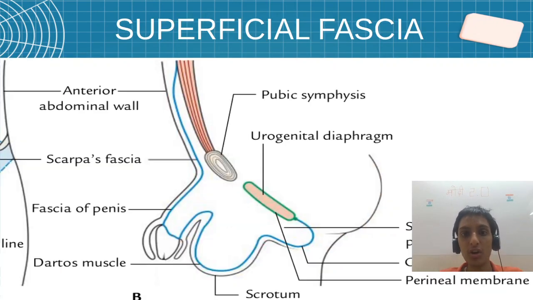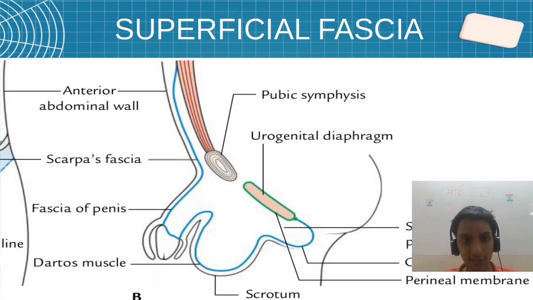And one more I forgot to mention, the relations of the superficial fascia. So midline you will find the linea alba, on the sides external oblique muscle, external abdominal oblique. Okay, please don't confuse, external oblique is there in the eye also. This is external abdominal oblique. Okay, right.